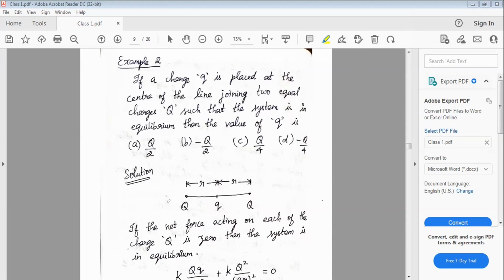So when you have these three charges here, there will be Coulomb forces among the charges, and despite the presence of all these Coulomb forces, the entire system remains in equilibrium. So how will you find that? The net force should be 0. That means the system is in equilibrium.